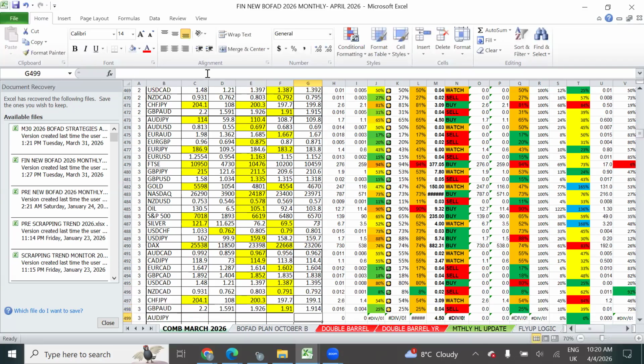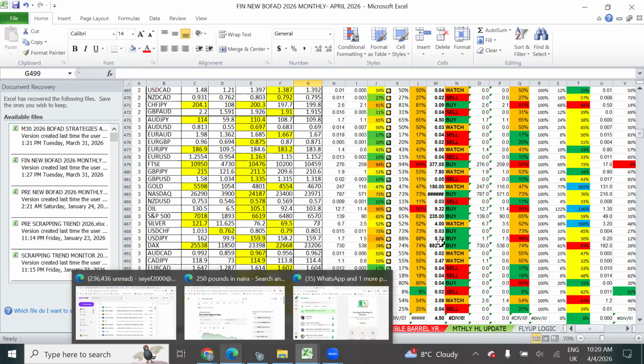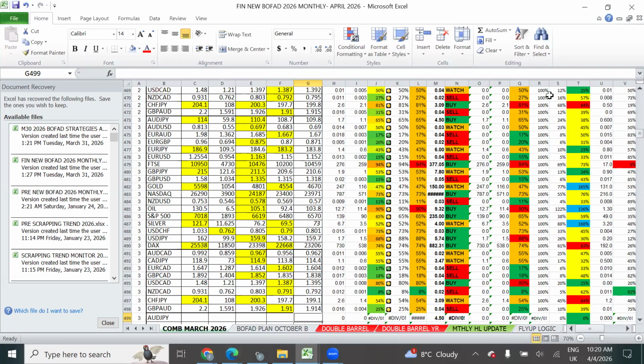Yeah. So this is our complete report for this. So you can see here some of them, based on those current prices, have given us the direction and the action to take, whether the market is buying or whether the market is selling.